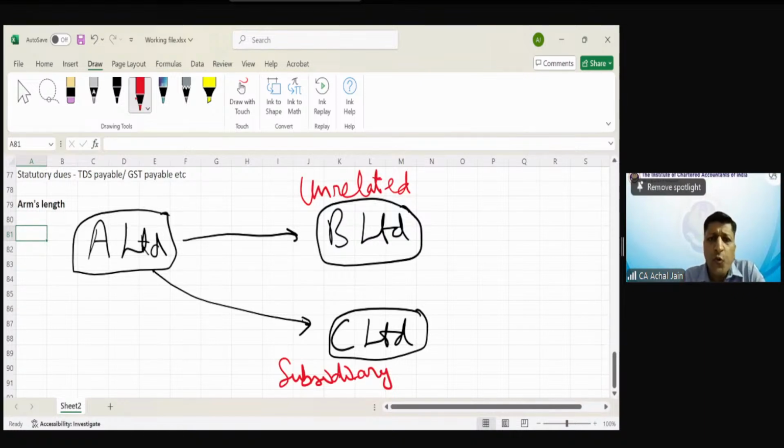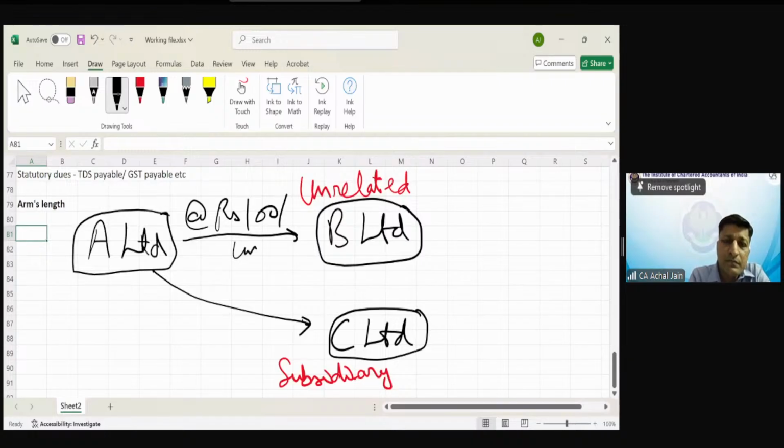The same goods are sold to B as well as C. But the price which is charged from B, let's suppose, is at the rate of rupees 100 per unit, which appears to be the fair value. So in the market, this is the rate at which this item will be sold. But it may happen that the price which is charged from C is only rupees 60 per unit.